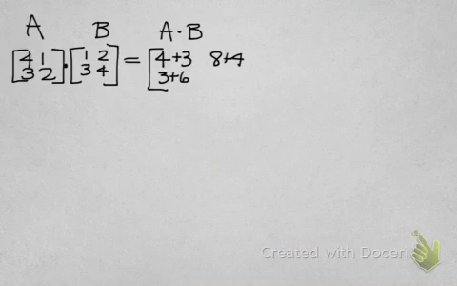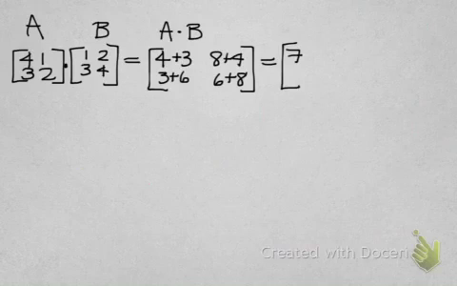Then second row, first column, 3 times 1 and 2 times 3. And then second row, second column, 3 times 2 and 2 times 4. Okay, so the result is going to be 7, 12, 9, and 14. So A times B gives us 7, 12, 9, and 14.